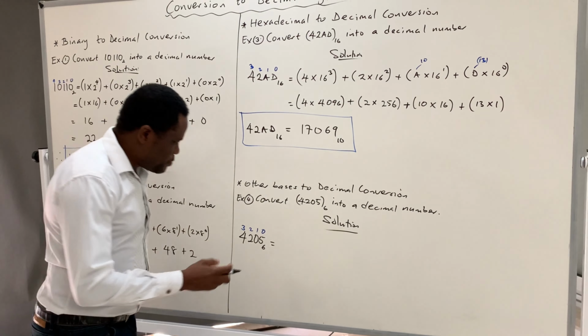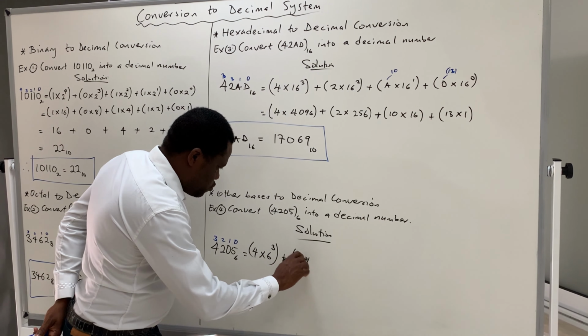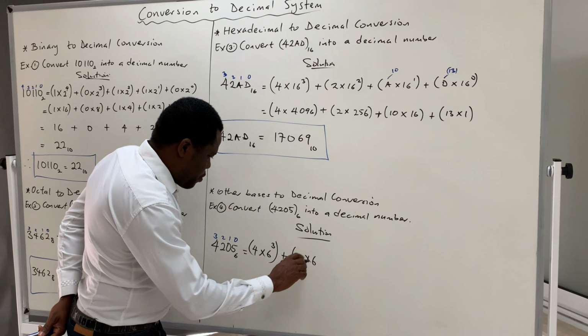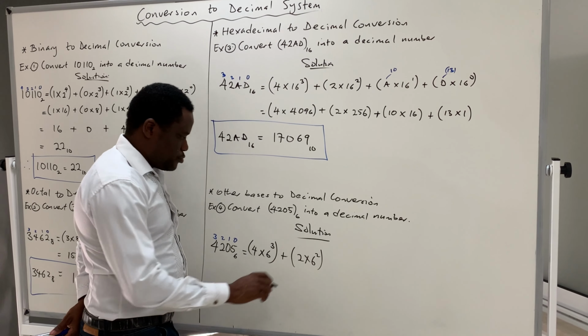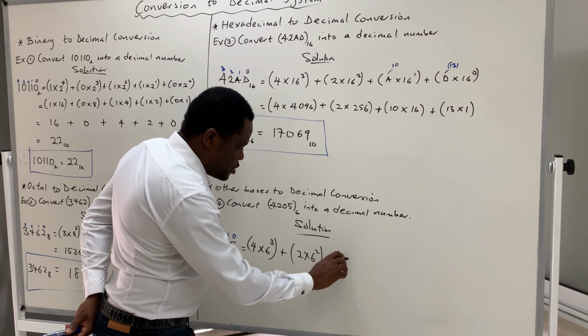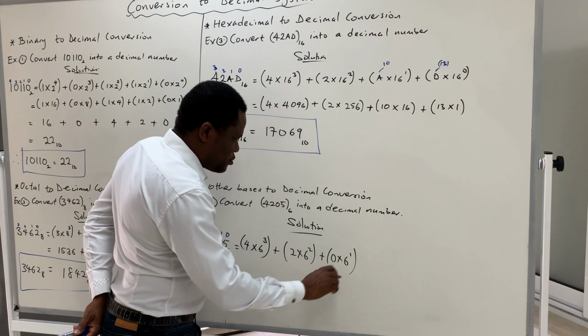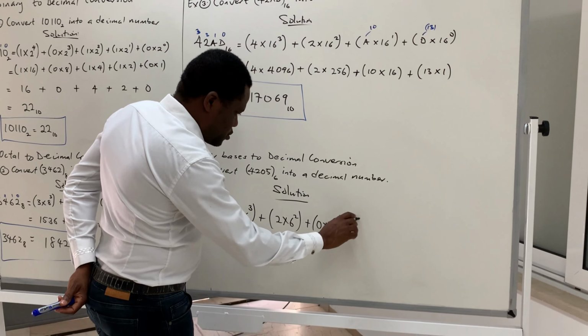4 times 6 to the power of 3, right? Plus 2 times 6 to the power of 2. Plus 0 times 6 to the power of 1. Plus 5 times 6 to the power of 0.